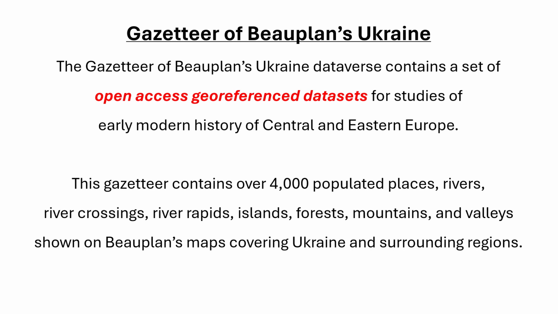Our gazetteer of Beauplan's Ukraine contains a set of open-access georeferenced datasets for studies of early modern history of Central and Eastern Europe. This gazetteer contains over 4,000 populated places, rivers, river crossings, river rapids, islands, forests, mountains, and valleys shown on Beauplan's maps covering Ukraine and surrounding regions.